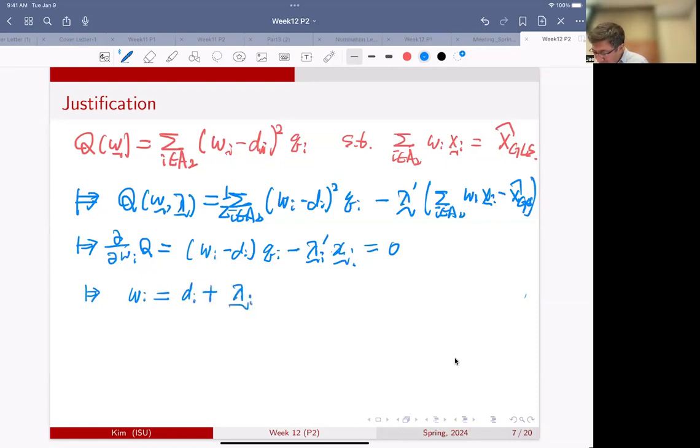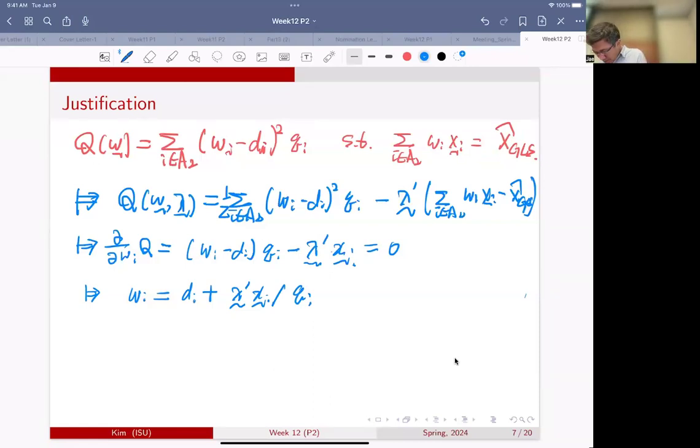Oops, there's no I. This is the final form of the final weight.